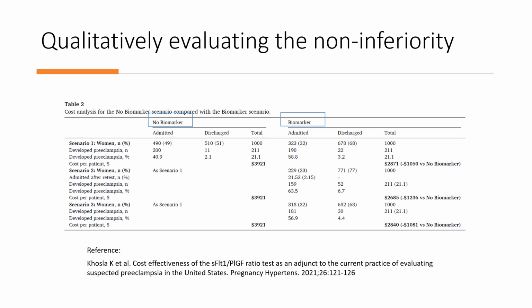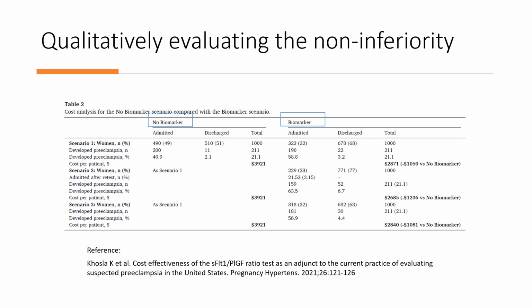However, compared with the no biomarker test group, there were a greater number of discharged patients who actually developed preeclampsia in the biomarker test group, 22 versus 11 in scenario 1. In other words, the biomarker test group missed more cases than the no test group. In scenario 2 and 3, the biomarker groups missed more cases and saved more money, too.